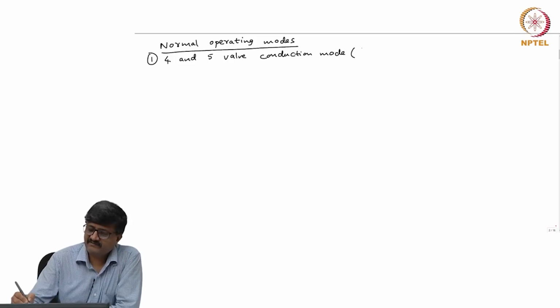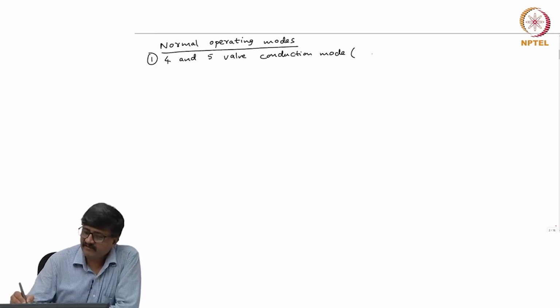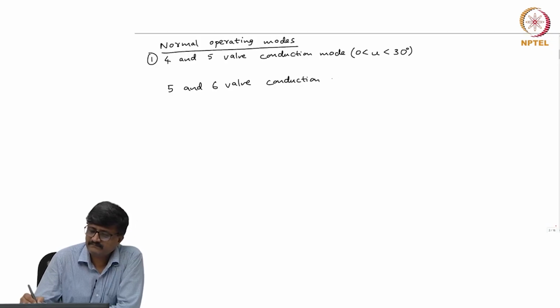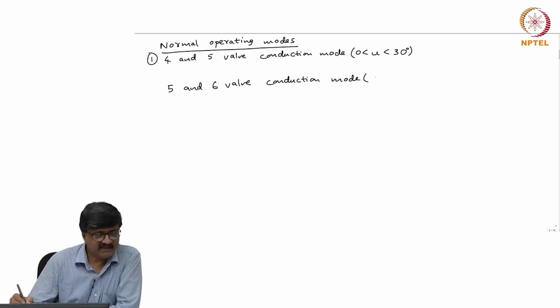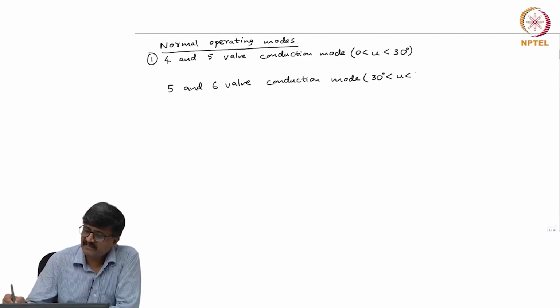So, this is applicable if u is greater than 0 and less than 30 degrees. We have also seen one more operating mode, that is 5 and 6 valve conduction mode. So, this is applicable if u is greater than 30 degrees and less than 60 degrees.